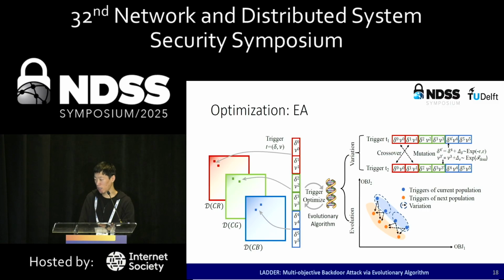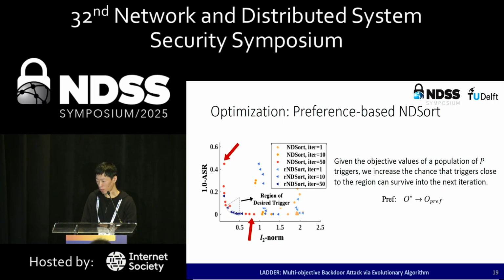We apply a crossover operation between two triggers, which exchanges the magnitude and the location, and we apply a mutation operator to each trigger, which randomly perturbs the perturbation or the location. And finally, we get the offspring triggers to evolve these triggers.